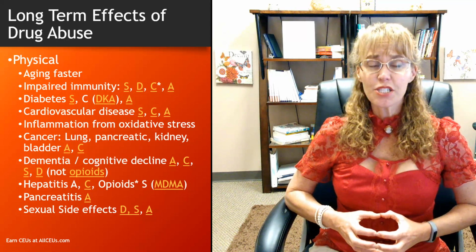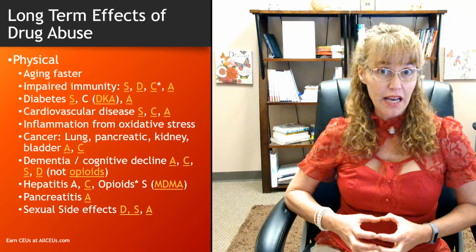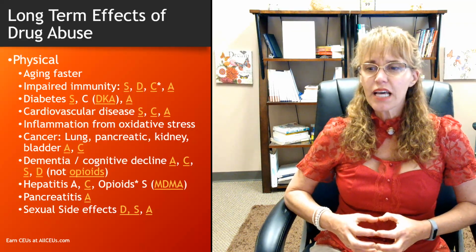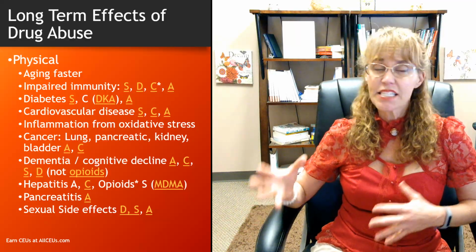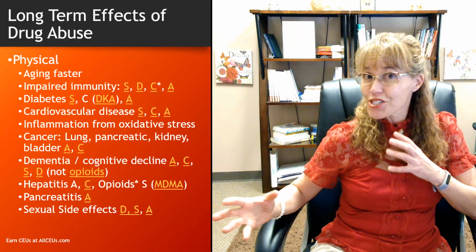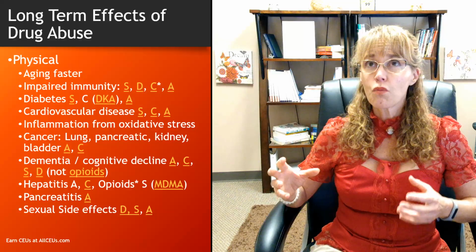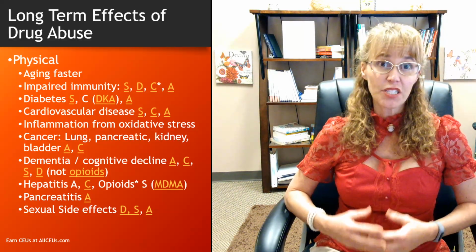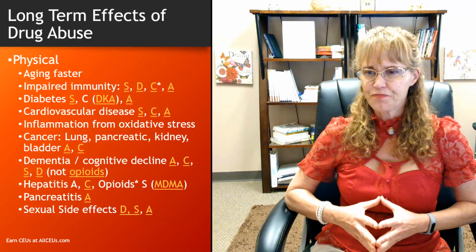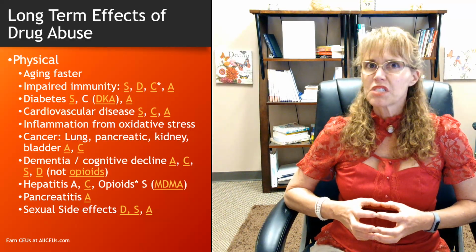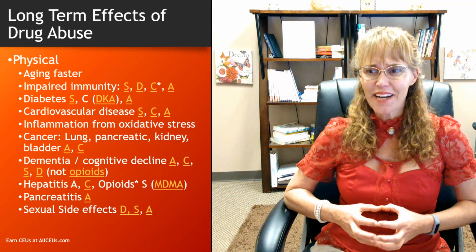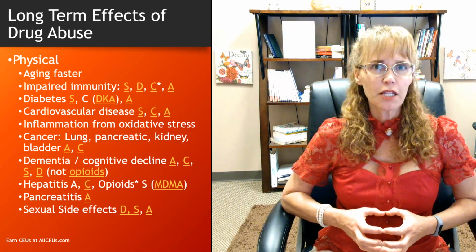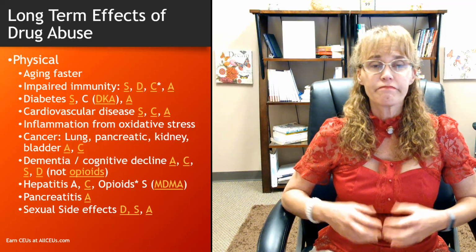Cannabis is also associated with an increased risk of hepatitis. And opioids, particularly, are associated with hepatitis not because of what they do per se, but when people switch to injecting something, injection methods are associated with a higher risk of hepatitis.